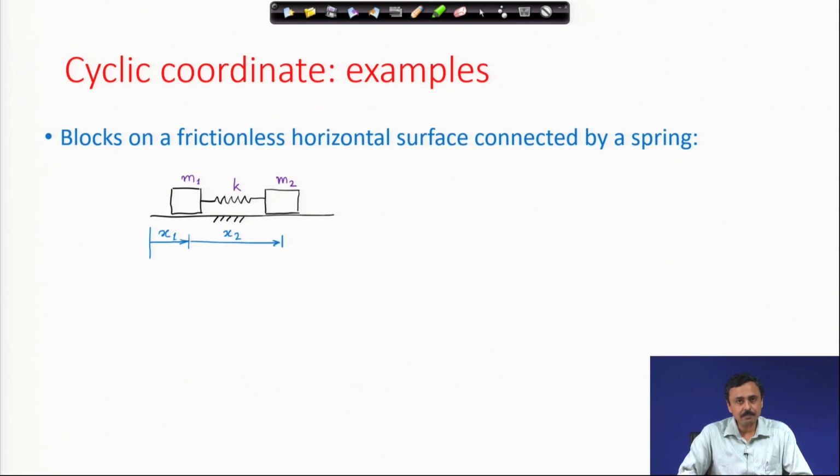Let us look at the same system, but now the coordinatization scheme is different. I mark the location of m1 from a certain datum, the origin, as x1, and x2 is the coordinate of m2 with respect to m1. Now, I write down the Lagrangian once again, it should be straightforward for you to see how to write it. This is the Lagrangian, and the definition of x1 and x2 has changed from the previous case.